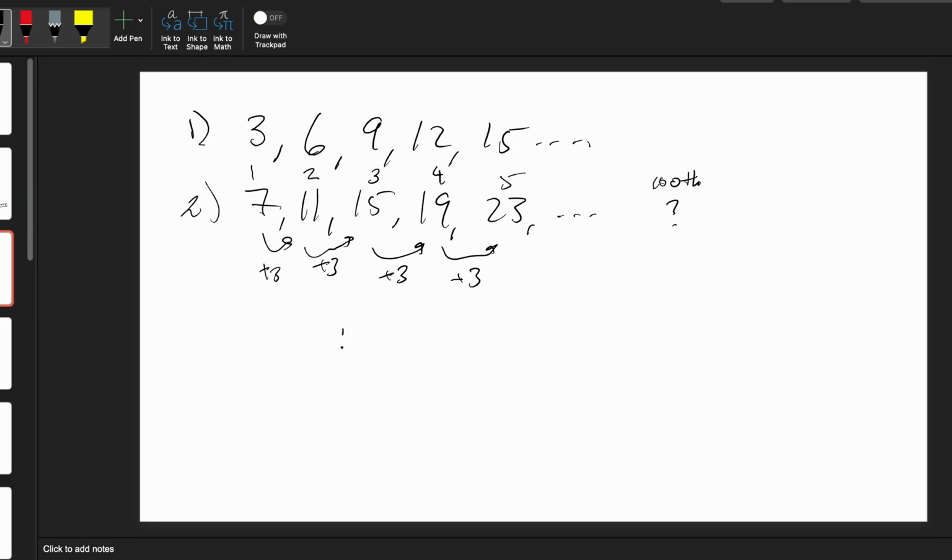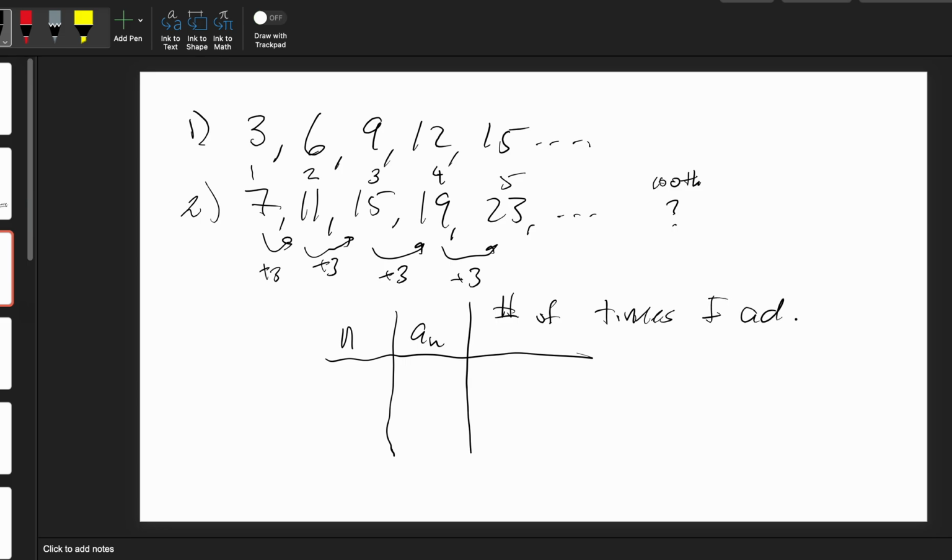So here's n, and here's a sub n, and here's the number of times I added d, which in this case is 3. Okay, so the first term is 7, and how many times did I add 3? Well, 0 times. I haven't added 3 yet.